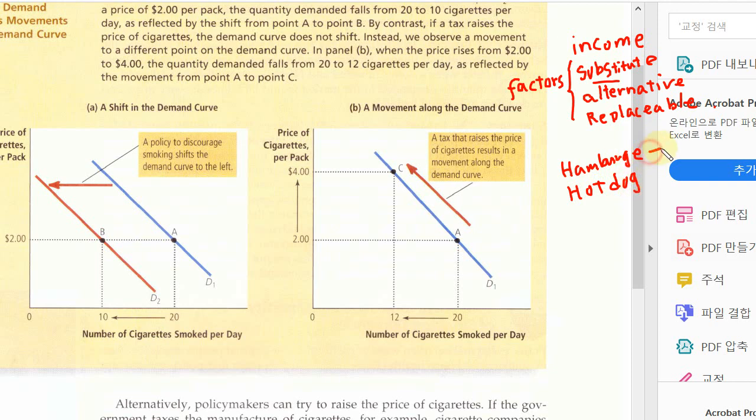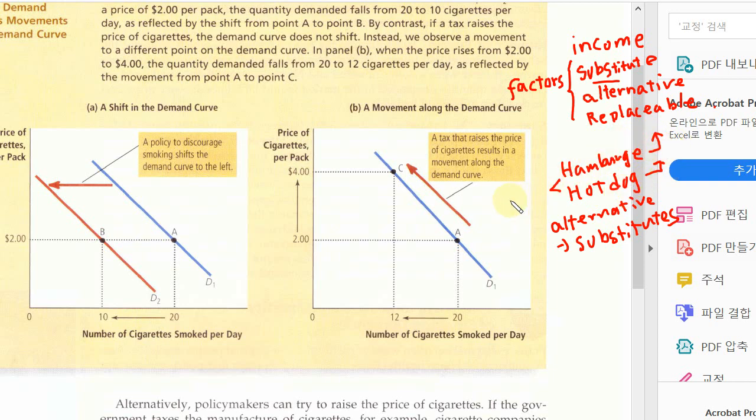Once the hamburger price goes up, the demand of hot dog will go up, because this relation is an alternative, a substitute. Hamburger goes up, oh, we have another option to replace this one. This is hot dog. So the relation between hamburger and hot dog is a substitute.